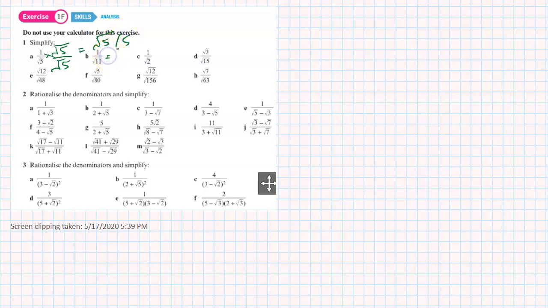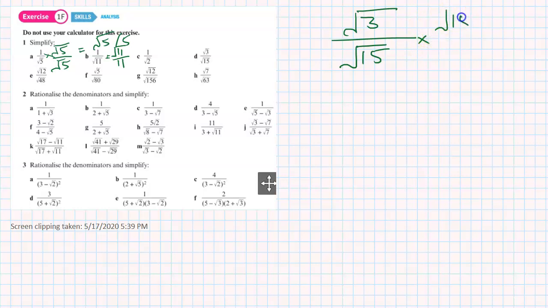This I told you, root 11 over 11. This question, root 3 over root 15. So we have to remove this.